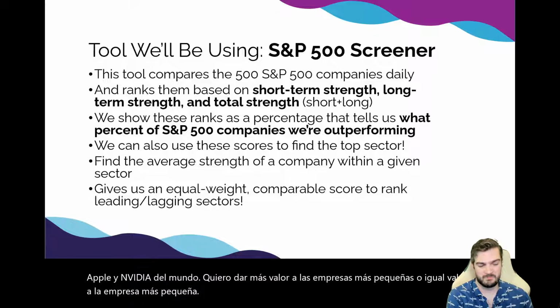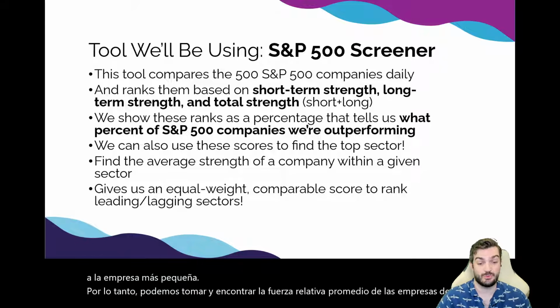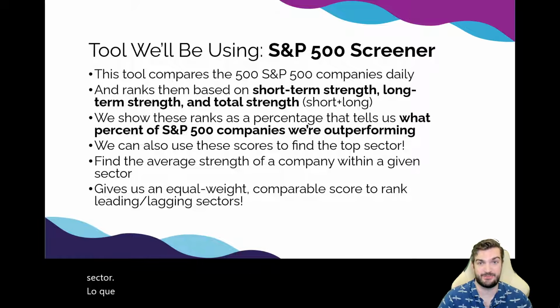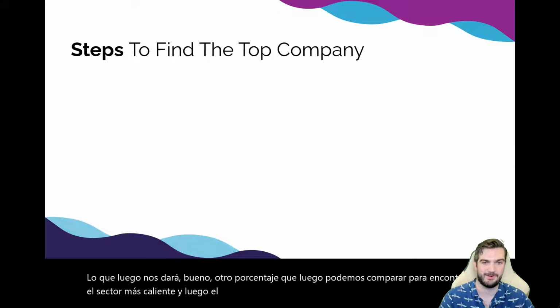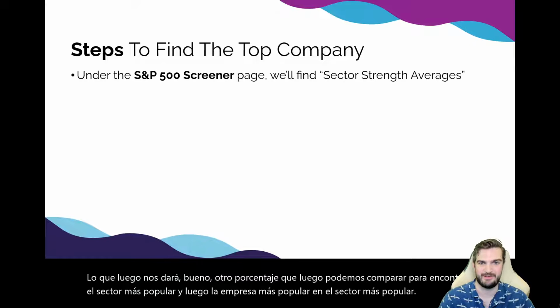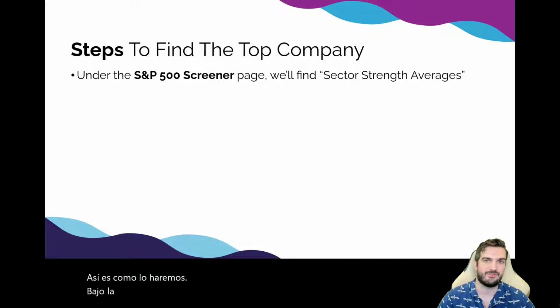So we can take and find the average relative strength of companies within a sector, which will then give us another percentage that we can compare to find the hottest sector and then the hottest company in the hottest sector. So here's how we'll do that. Under the S&P 500 screener, there is a section called Sector Strength Averages.